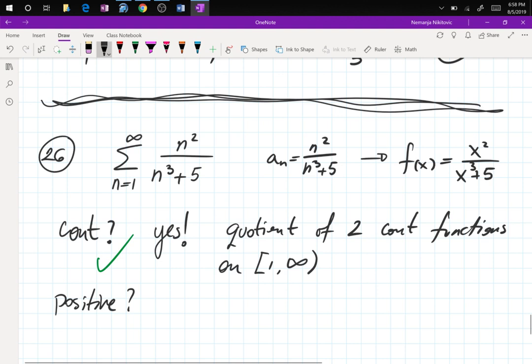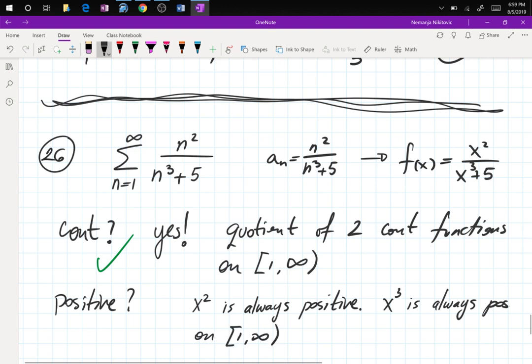Okay, positive. We have x squared is always positive, because you square any number, whether it's positive or negative, when you multiply a number by itself, it always makes positive numbers. That's basic. Now, x cubed is always positive on 1 to infinity, because 1 cubed is 1, 2 cubed is 8, anything in between is also positive.